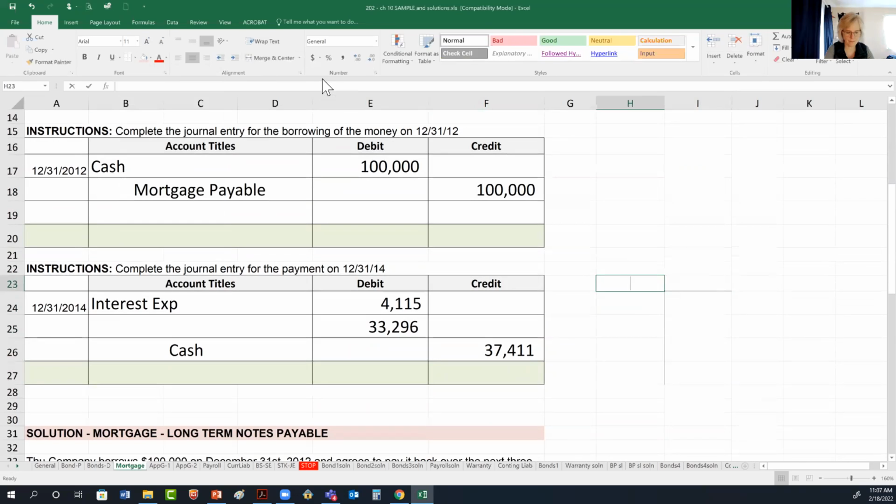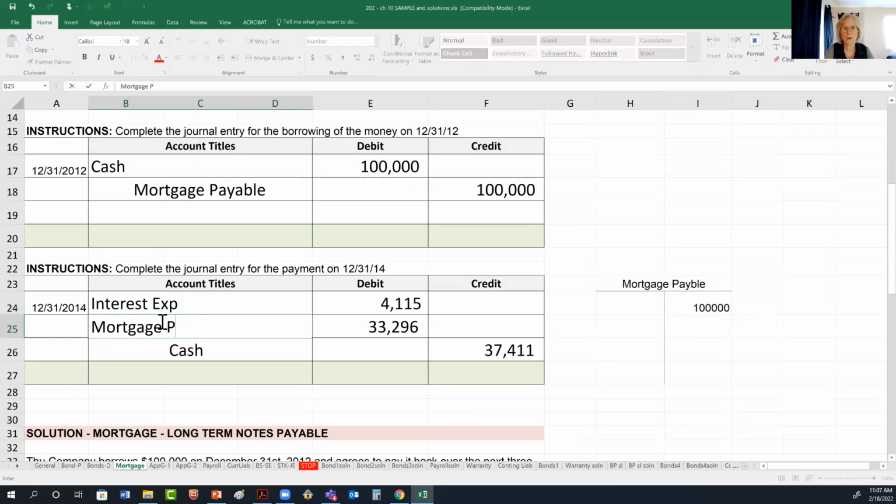Mortgage payable. So we started out 100,000 and we're going to charge it to mortgage payable. So that's a little different. We don't have a premium or discount with the mortgage. We just book everything to the mortgage account.